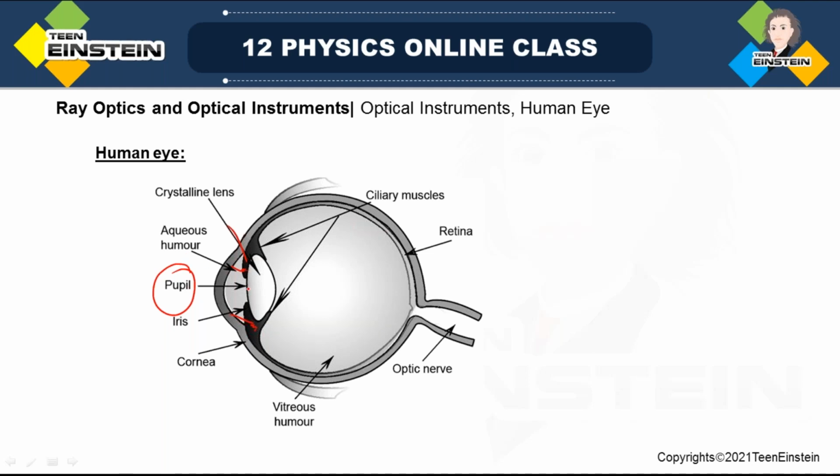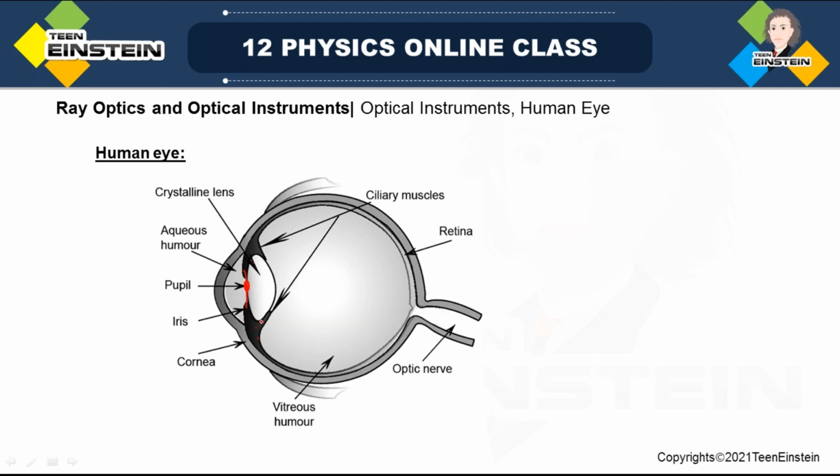So what is the role of the iris? This is a circular diaphragm, and there is a small hole, which is called the pupil. The iris is opaque, so it can close the path.